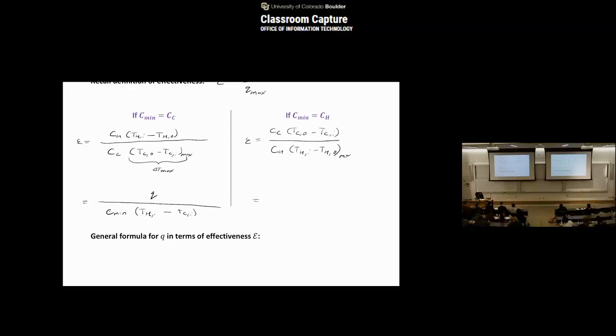We can go through again and replace our terms the same way. Here, C sub min is C sub h, so we write C sub min there. The largest temperature difference you can get is between the hot inlet and the cold inlet fluid, so this will be T_h,i minus T_c,i. And the top is once again Q.